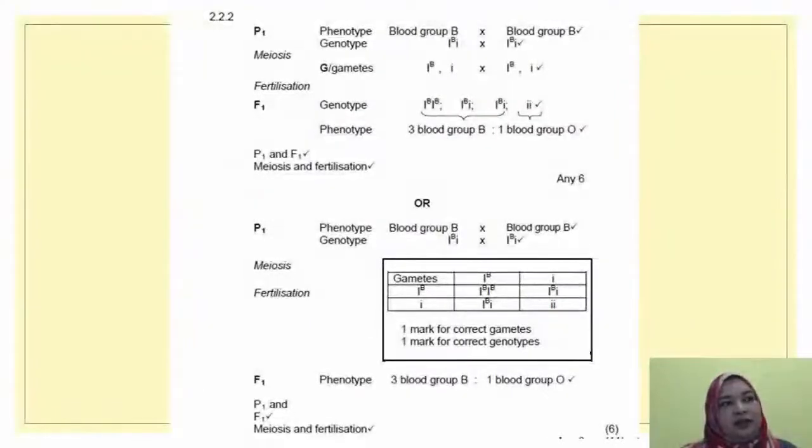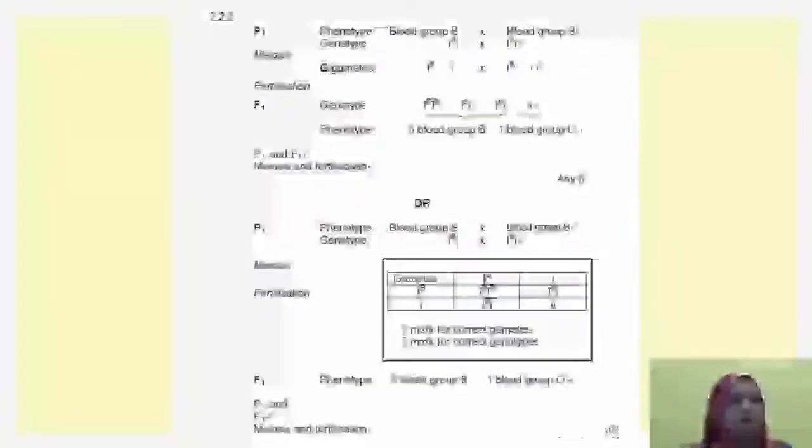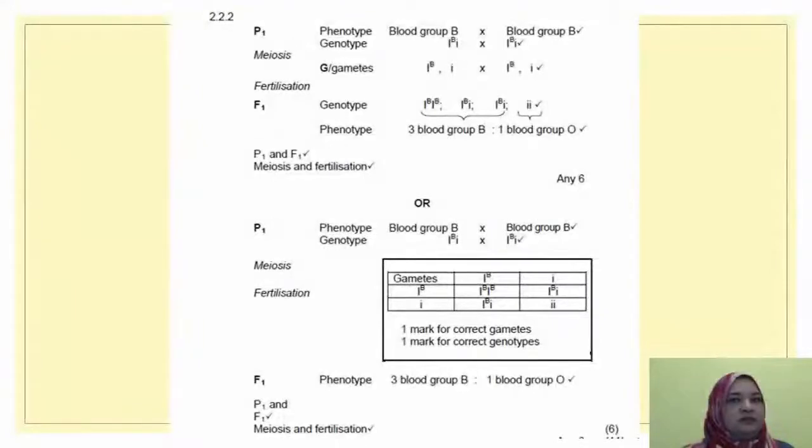If you need to copy them down, you can do so later. Okay, can I carry on?